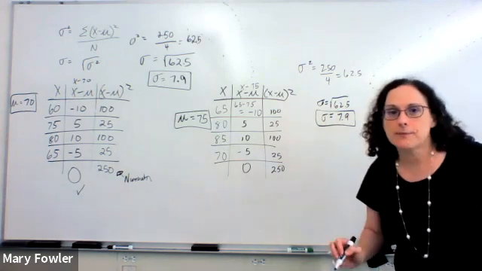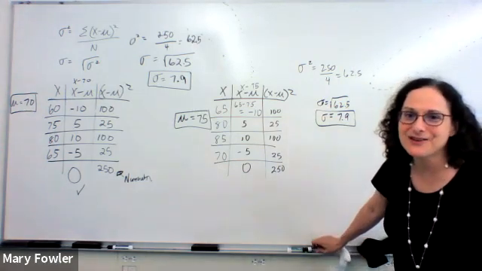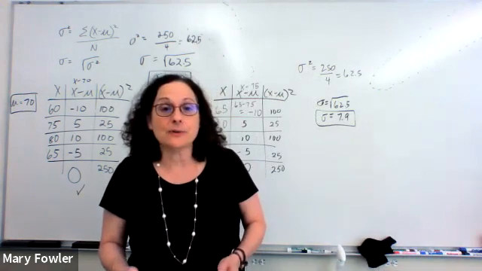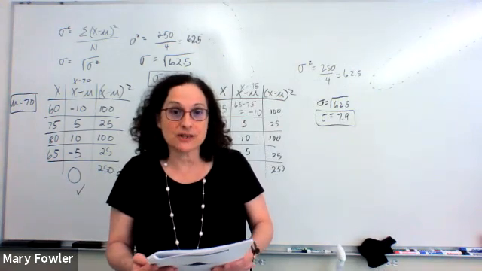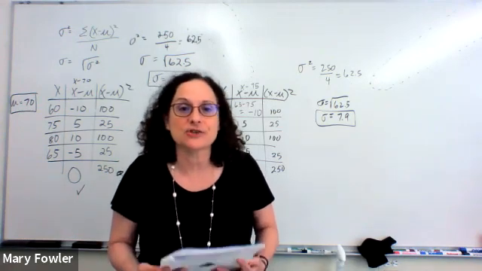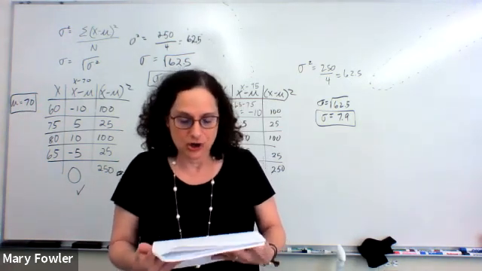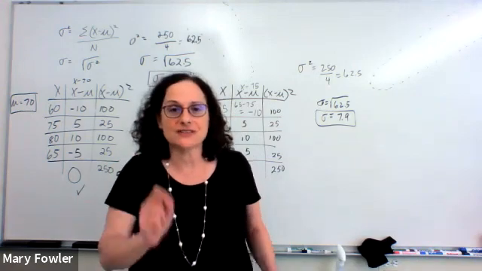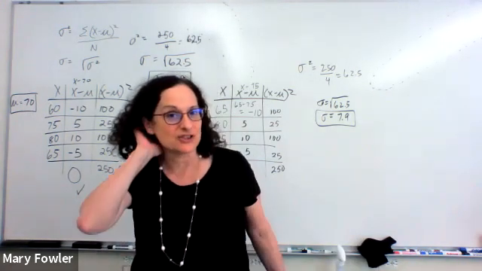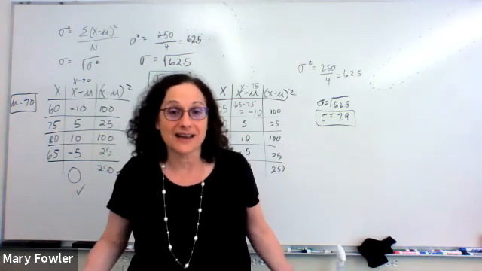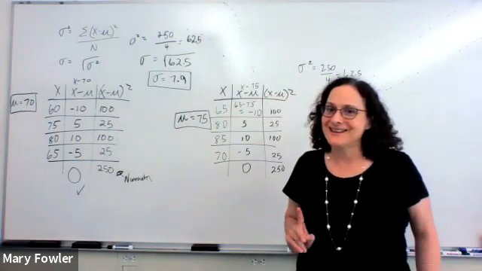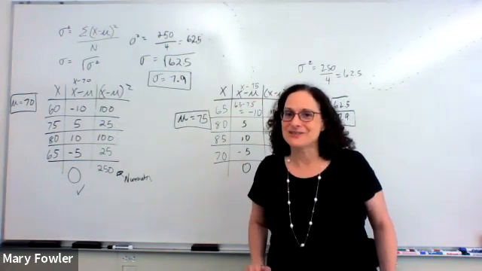So there is a takeaway moral here that I hope you bring with you: if every value in a data set is increased or decreased by the same value, then the standard deviation remains unchanged. Remember the definition of standard deviation: how far, on average, observations deviate from the mean. And you can see, if we're adding a constant to every number, the deviations don't change.